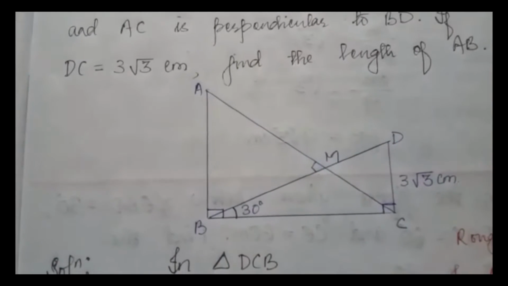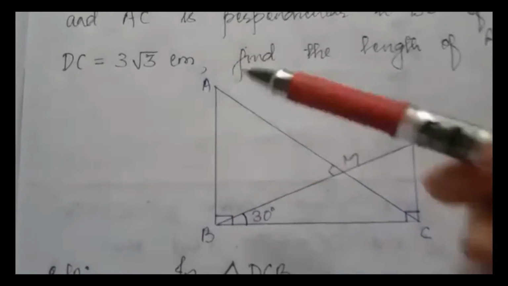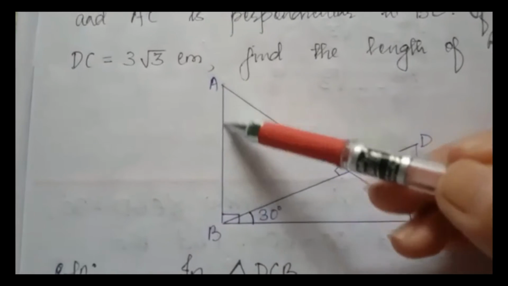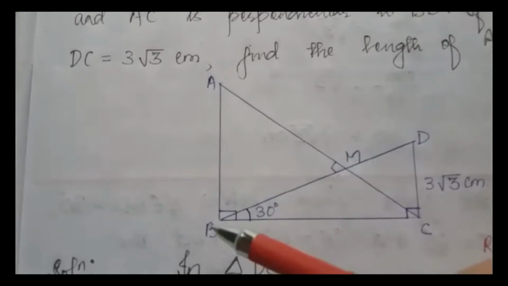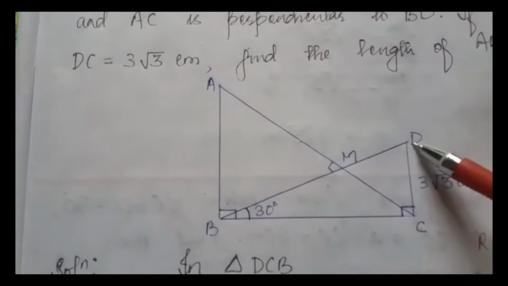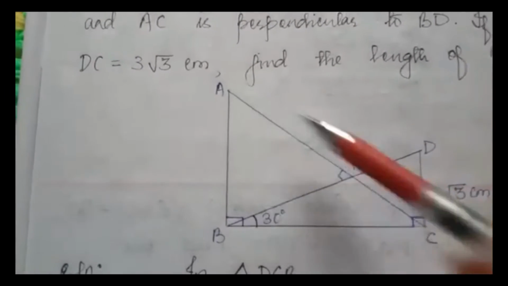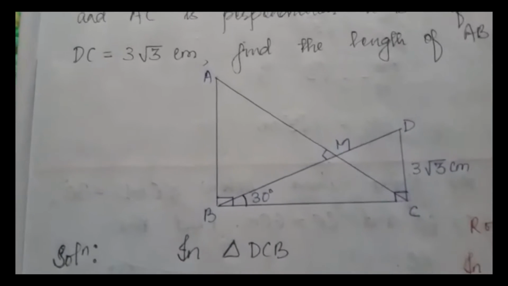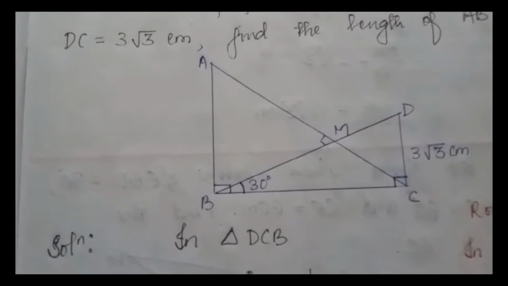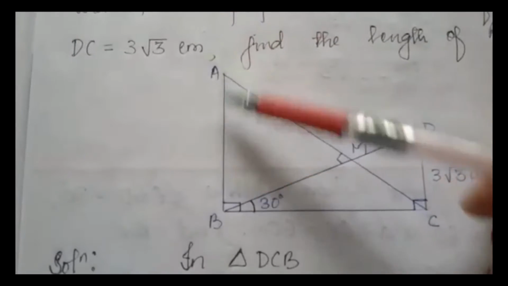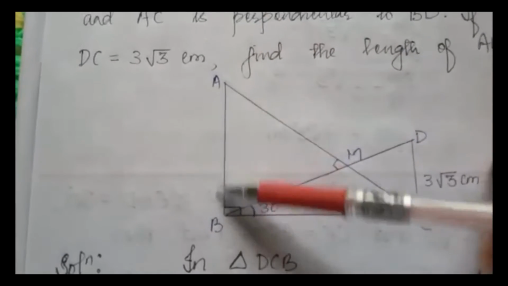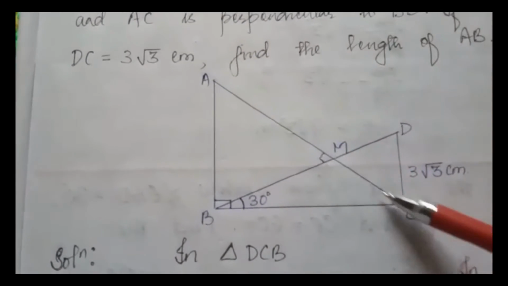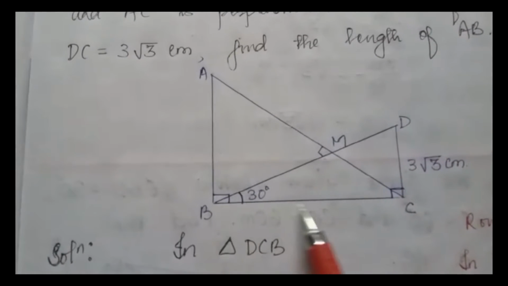So in this figure, we have two right angle triangles, this one ABC and BCD. Again we have one more right angle triangle, AMB also. So here we have three right angle triangles. First we have to find AB. AB lies in this right angle triangle, so we need to find this base first.